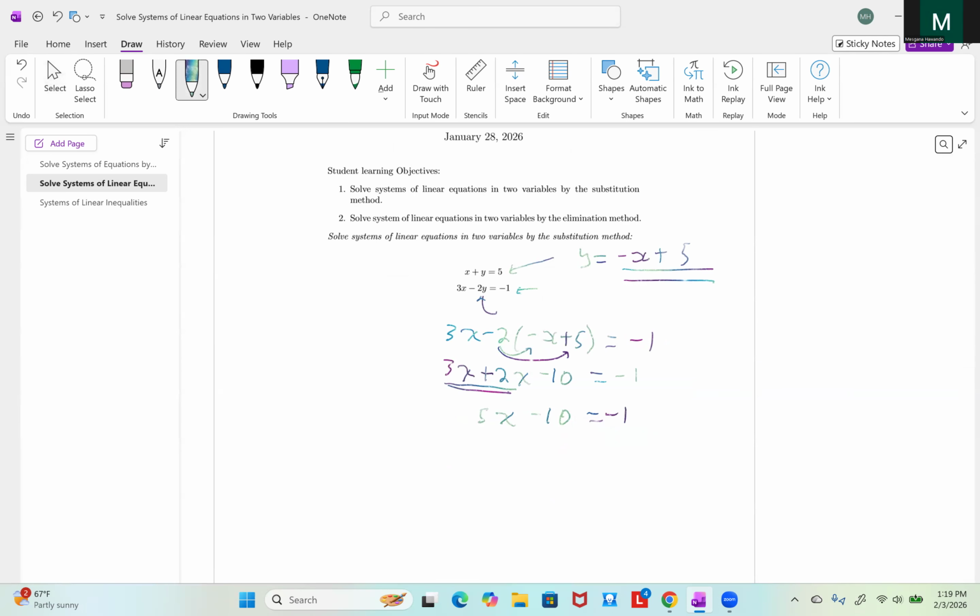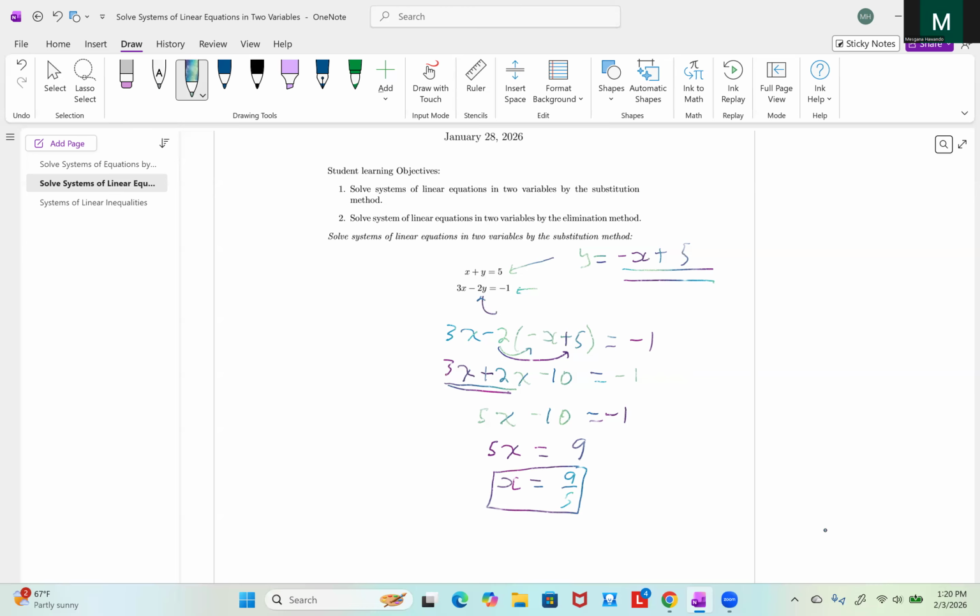Add 10 to each side. So now we are solving for x. Adding 10 to each side, negative 1 plus 10 is 9. Divide each side by 5, 9 over 5. So the x coordinate of our solution is 9 over 5.